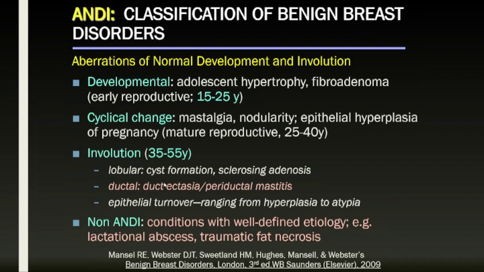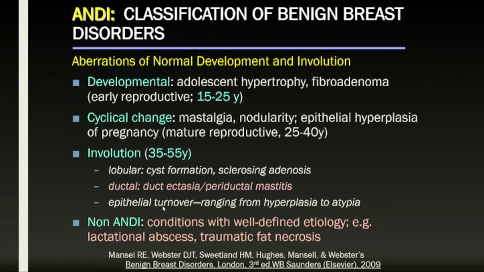So you'll find cyst formation and, as a terminal duct lobular unit type of lesion, sclerosing adenosis. And then within the ducts, you'll find enlargement and then periductal mastitis, which can be painful and require the treatment that we apply for other inflammatory lesions.